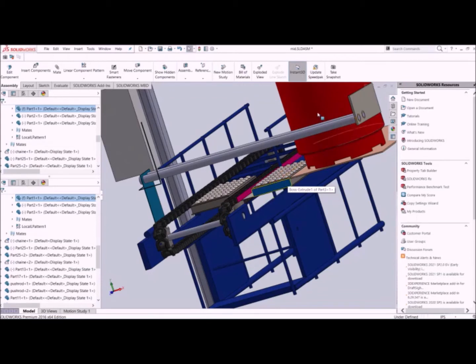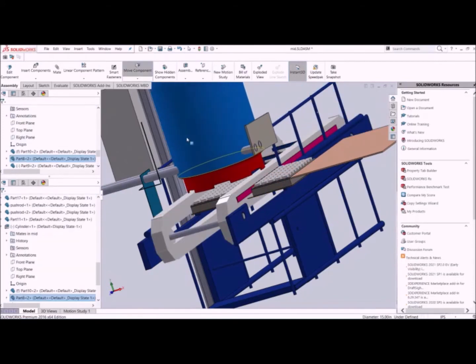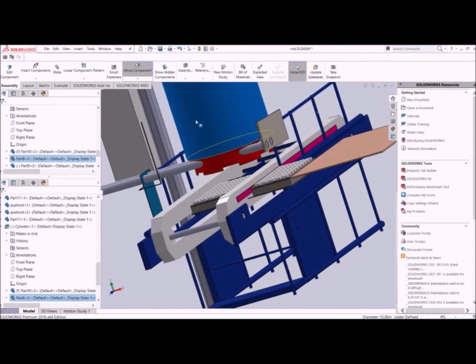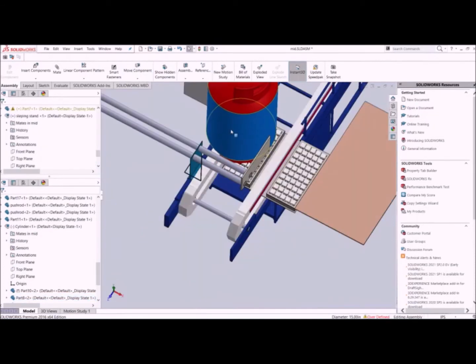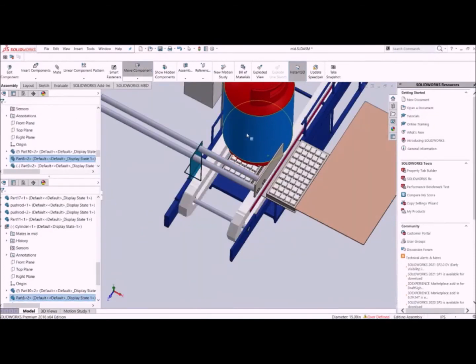So when we pull the cylinder from the carousel to the conveyor, suppose it goes here. Suppose this cylinder is here.